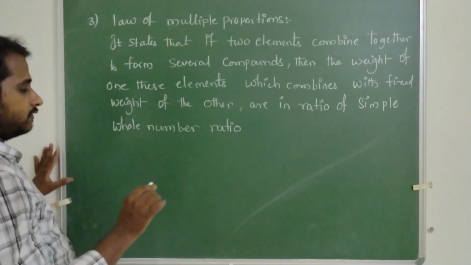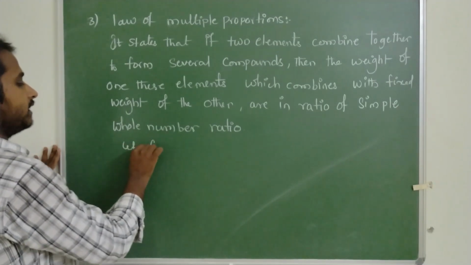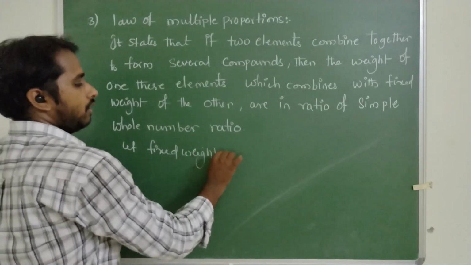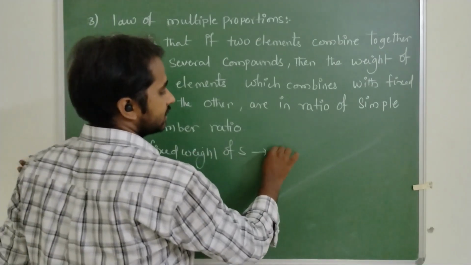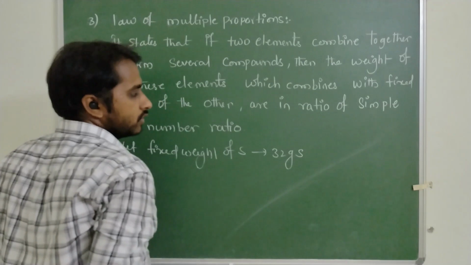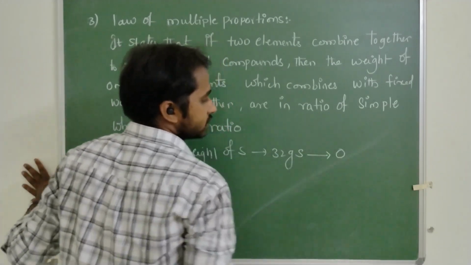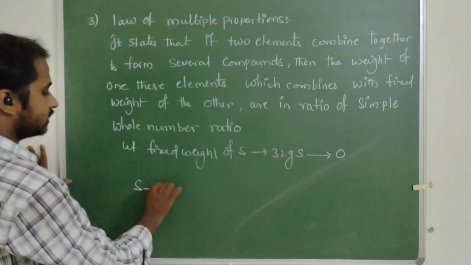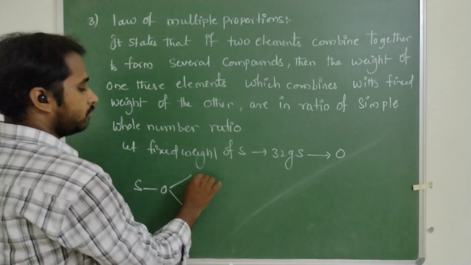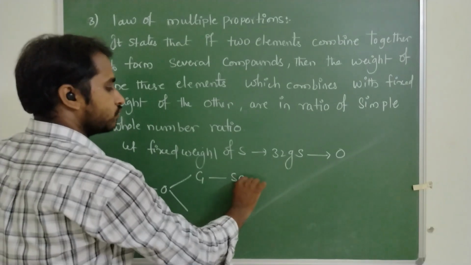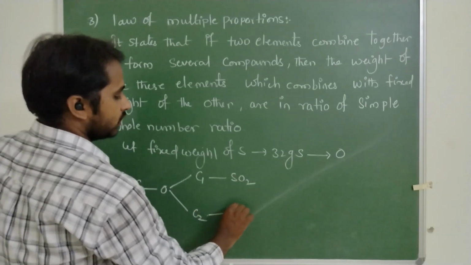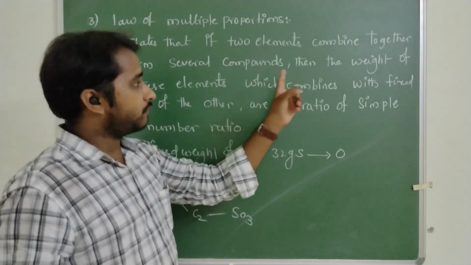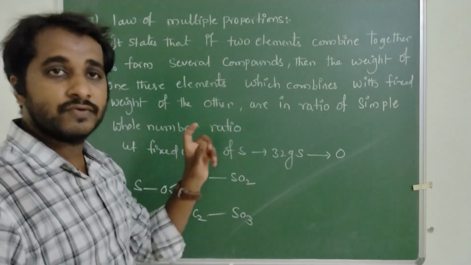Fixed weight of sulfur, let it be 32 grams of sulfur, going to react with oxygen to form several compounds, here two compounds. So S reacts with oxygen to form compound 1, SO2, and compound 2, SO3.